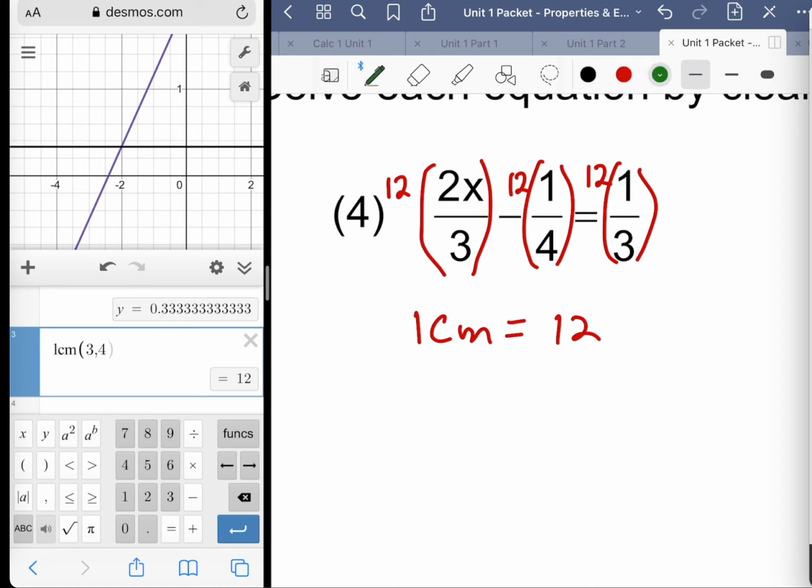All right, so 3 goes into 12 4 times. 4 goes into 12 3 times. And you'll see that I only took into account one of the 3s because the other one was just a repeat. It didn't factor into the whole thing. All right. So 8x minus 3 is equal to 4. Add the 3.